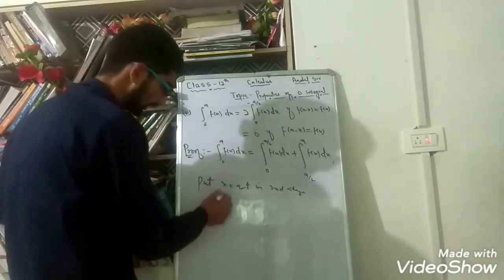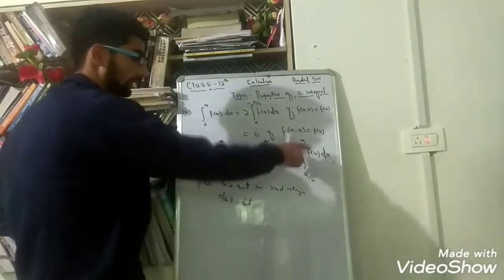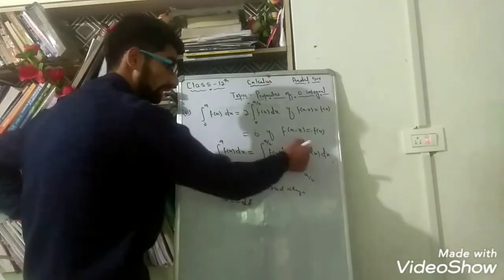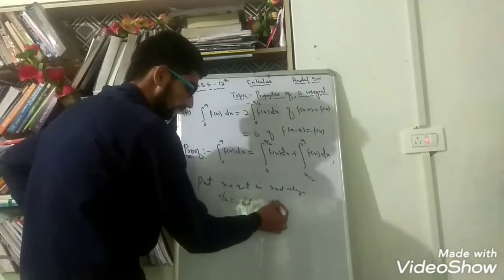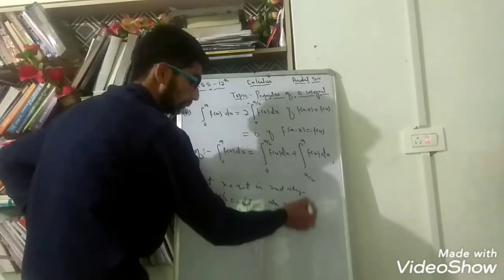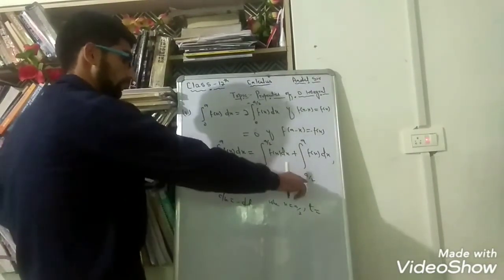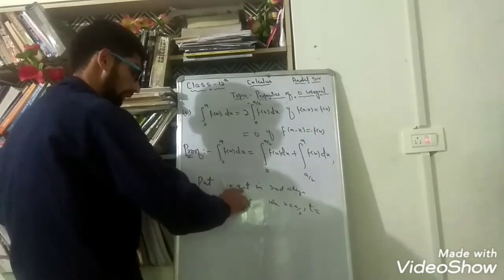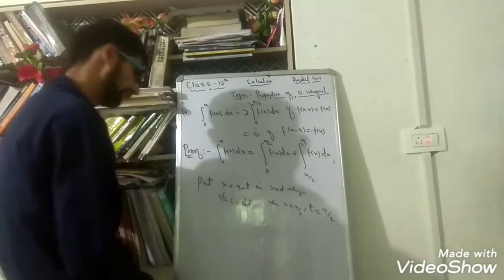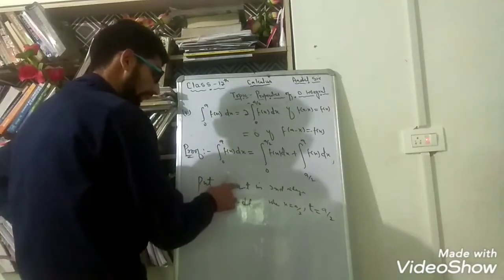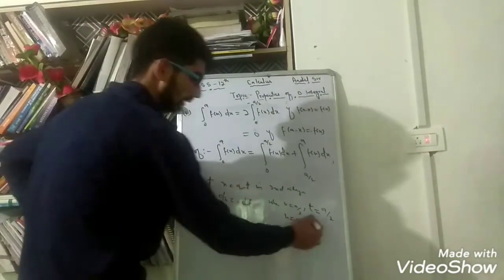We get dx equal to minus dt, but we also get new limits. When x is equal to a/2, we get t equal to a/2. But when x is equal to a, we get t as a minus a, that is 0.